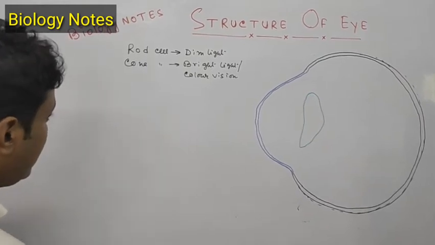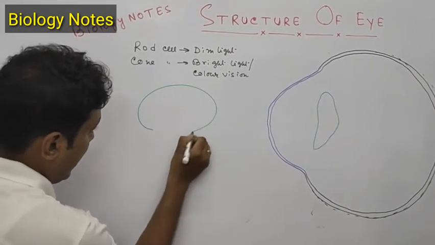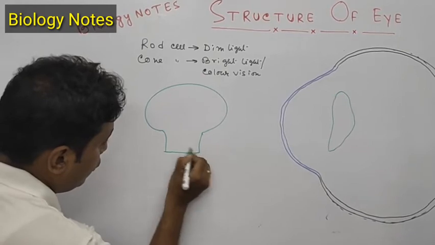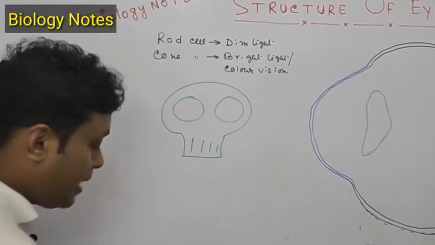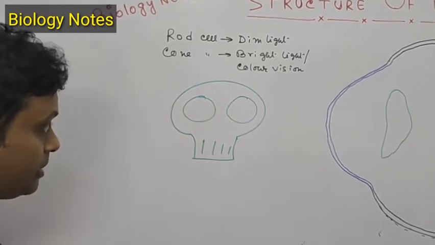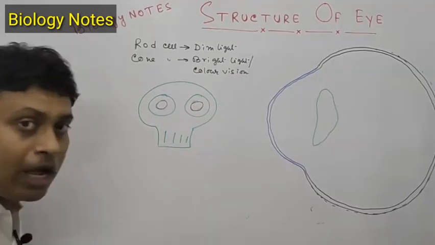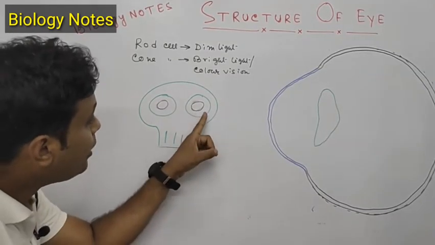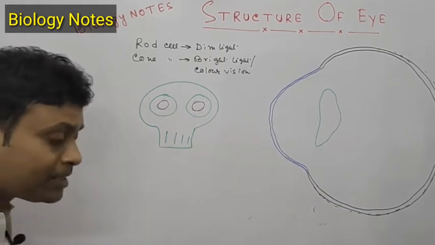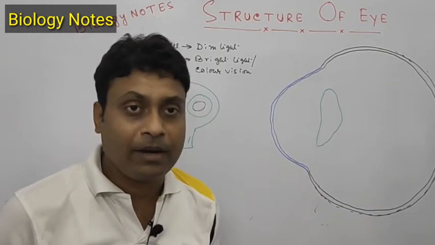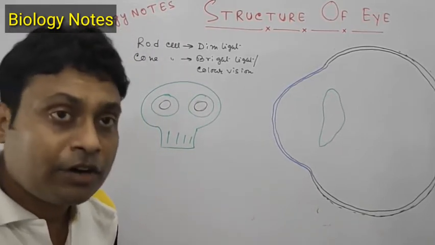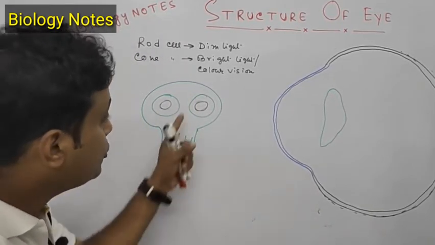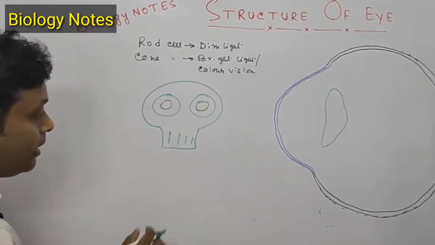In our skull there are two cavities, and in these cavities the eyeballs are present. In between the eyeball and the eye socket there are different structures: muscles, different types of fats, connective tissue or cartilage.